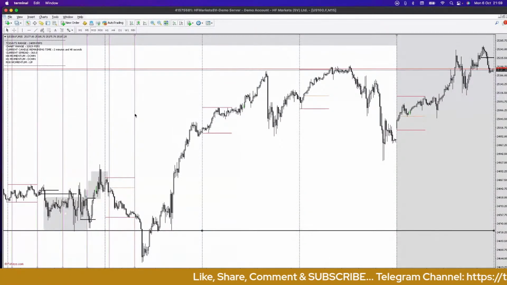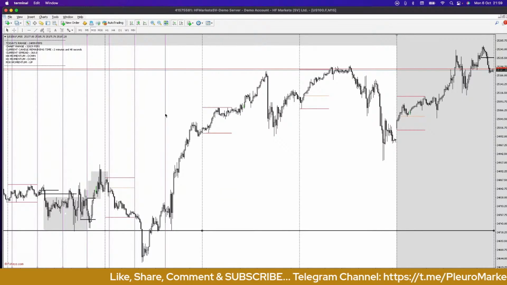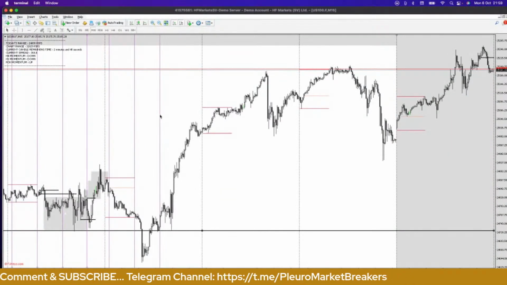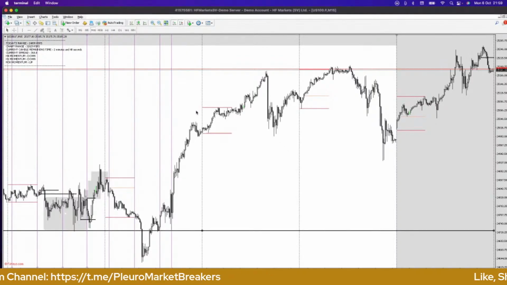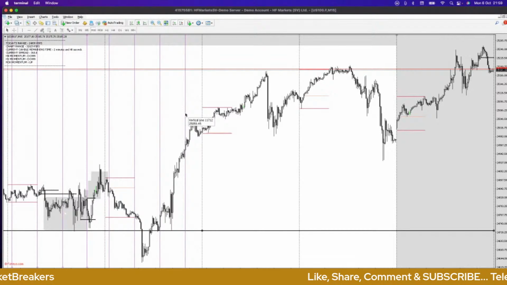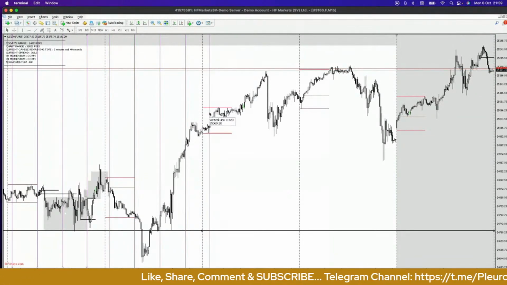Based on my server time, 2 to 8, 8 to 2, so which is 6 to 6 and back to 6 in New York, whatever the time is in your zone. So that's 6 in New York again, and that's midnight New York.